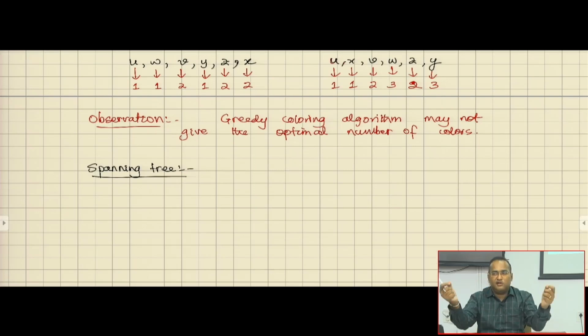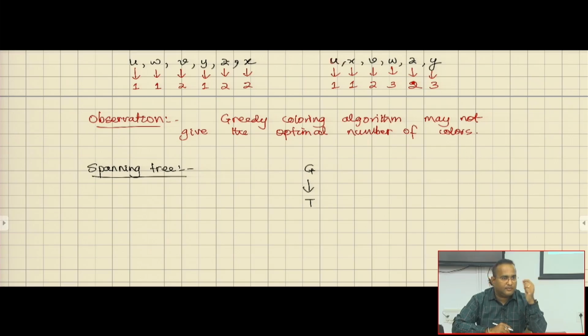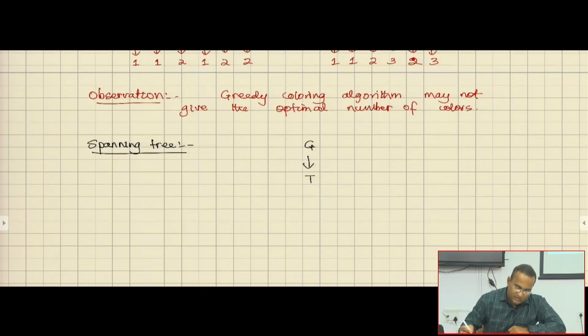Suppose I am giving you a graph G. How do we get a spanning tree of the graph? By deleting edges of the cycles, we get a spanning tree, right? And also there are procedures to get a spanning tree, right?